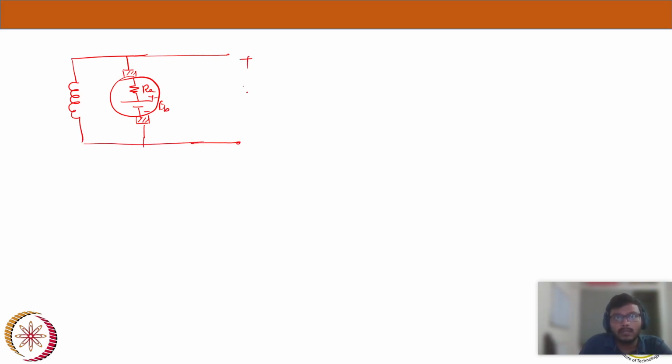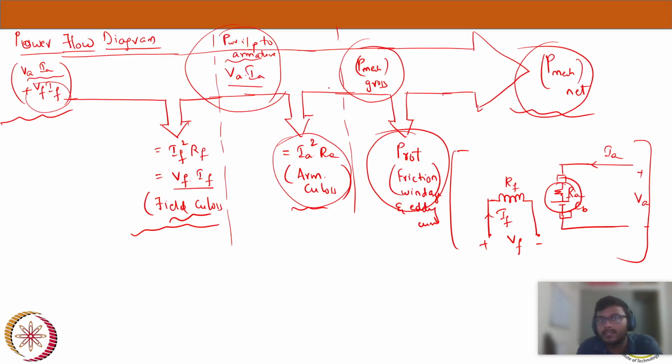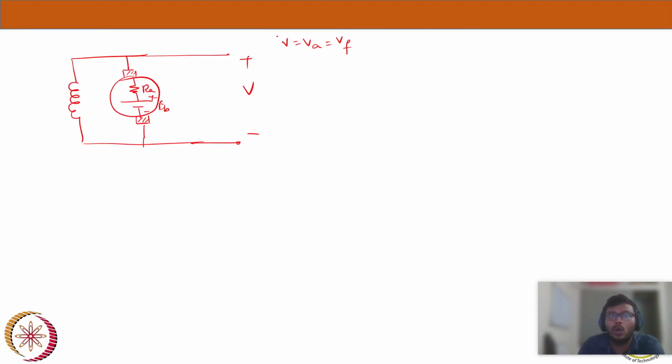Here you are giving the supply. Now V is equal to VA is equal to VF. From what we have seen in the earlier diagram, VF is different and VA is different, but here they are in parallel, so all the voltages are the same. Let's say IL is the supply current.